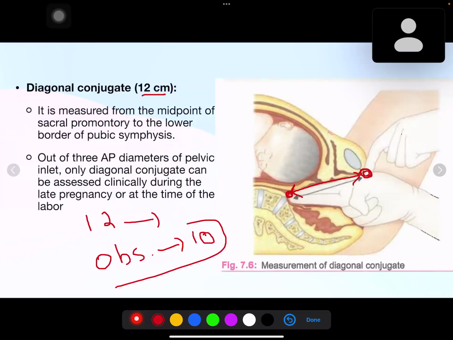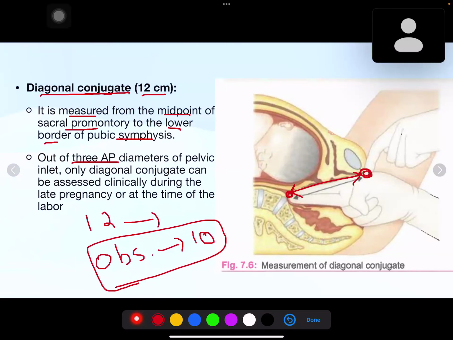Okay, so that's the significance of this diagonal conjugate, because only we can measure this diameter, and if this is more, then we just assume, minus 2 centimeters, so the obstetric conjugate would be more than 10 centimeters. Okay, so it means this is good enough for the fetus to pass through this pelvis. Okay, so this diagonal conjugate is measured from the midpoint of the sacral promontory to the lower border of the pubic symphysis.